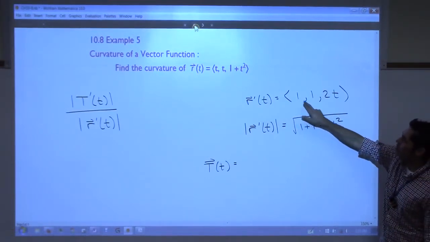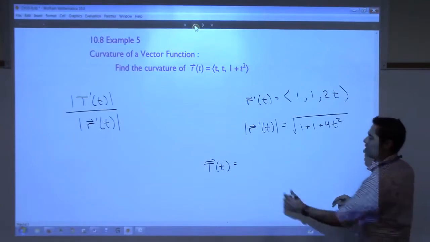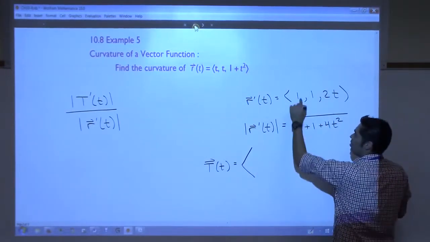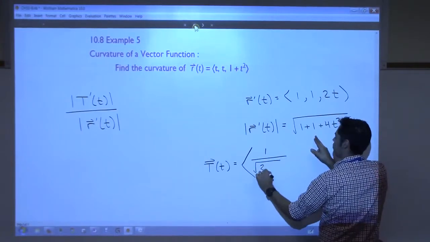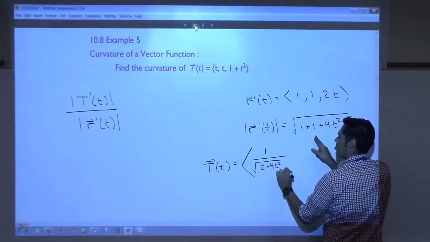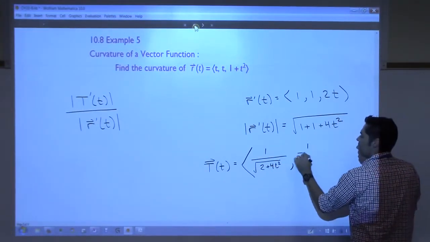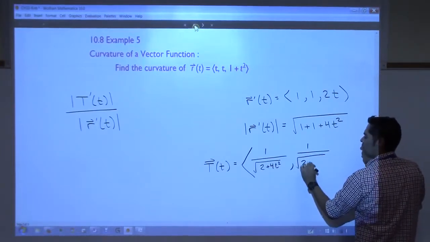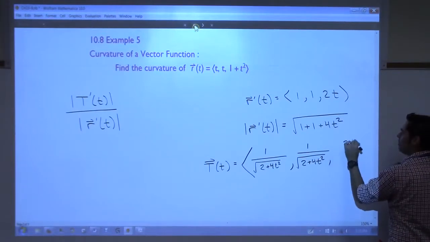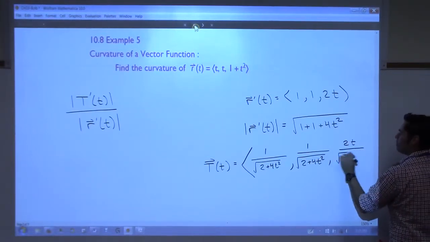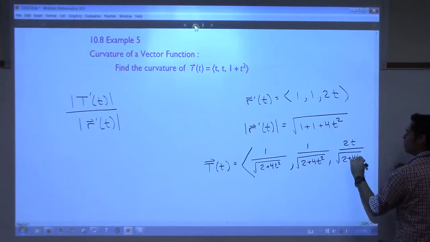And so I just divide each of these components by this. So watch, I get 1 divided by root 2 plus 4t squared, and then I have 1 divided by root 2 plus 4t squared again, and then finally 2t divided by root 2 plus 4t squared.